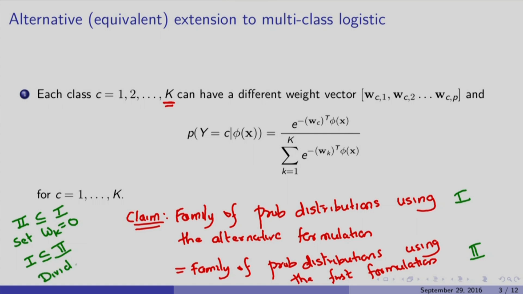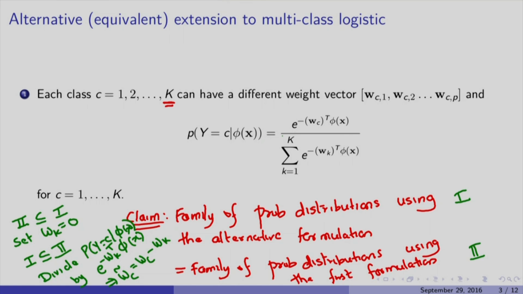The clue is to divide the probability of y equals c given phi x by a single expression, and that is e raised to minus wk transpose phi x. So this will mean that the new weight vectors we will get for every class C, wc tilde, will be nothing but the old wc minus wk.